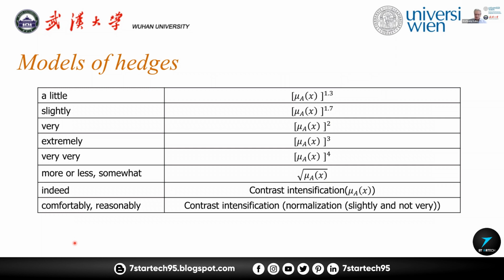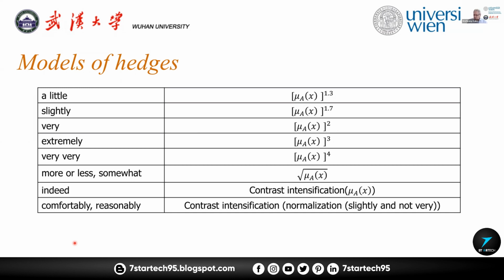Just imagine, for example, the variable being temperature, and the value of our linguistic variable is, for example, hot. So hot temperature. And then we could say a little hot, slightly hot, very hot, extremely hot, very, very hot, more or less hot, or somewhat hot, indeed hot, or comfortably hot, or reasonably hot.